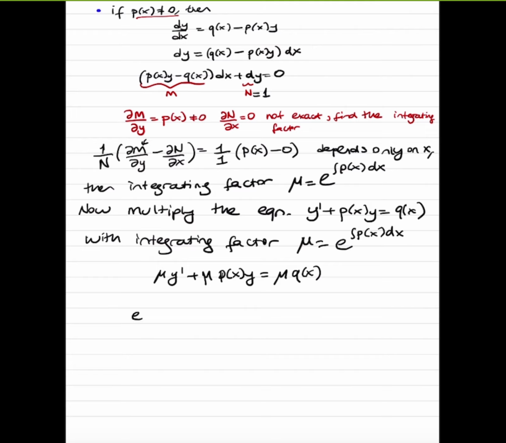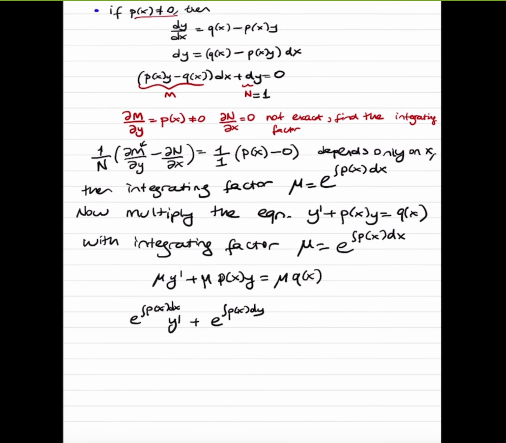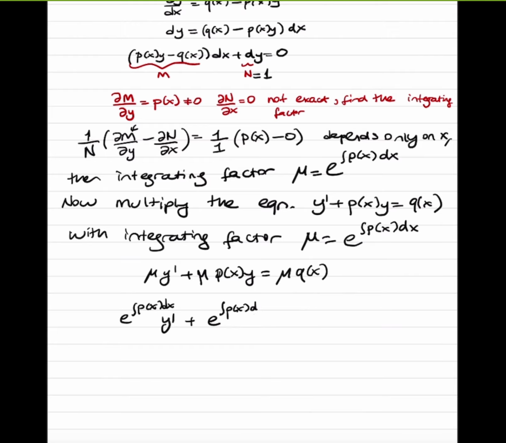Okay, what we find is e to the power the integral, plus e to the power, sorry about that, equal to mu times e to the power integral of p of x dx, q of x.